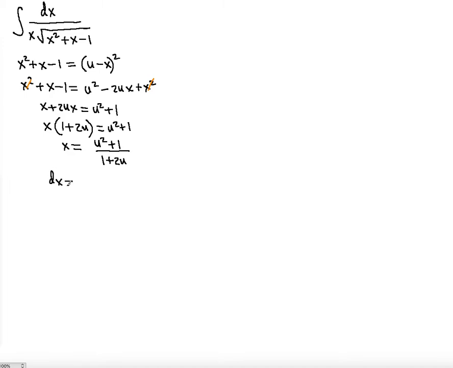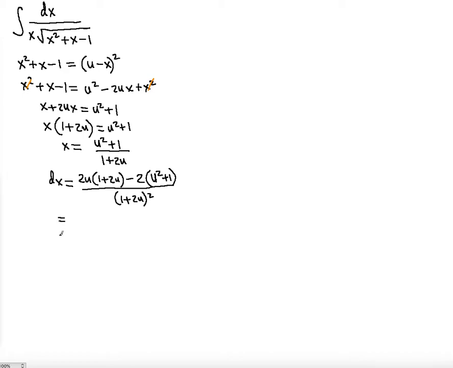So the dx using the quotient rule is going to be 2u times the bottom untouched, minus the derivative of this and the top untouched, divided by the denominator squared, like that.